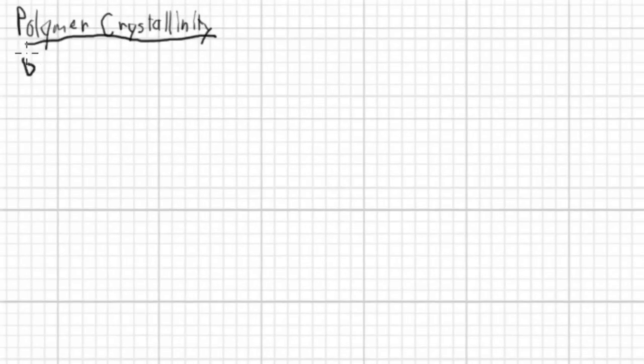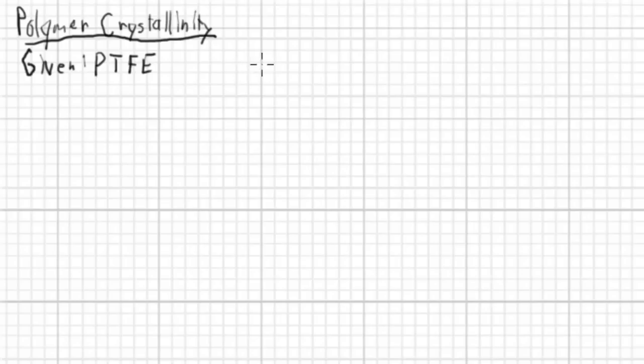Welcome to this installment of the material science problems, and this one's about polymer crystallinity. We are looking at the crystallinity of a polytetrafluoroethylene sample. Of course, PTFE is also known as Teflon.